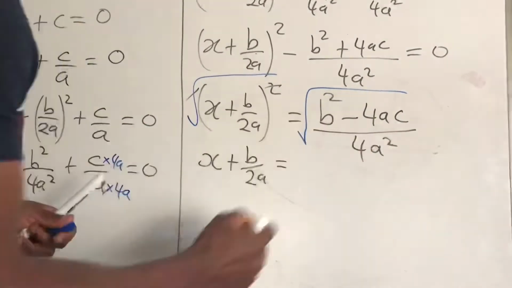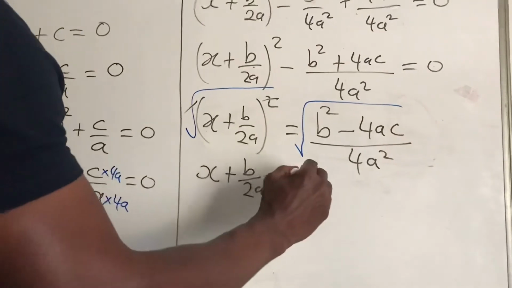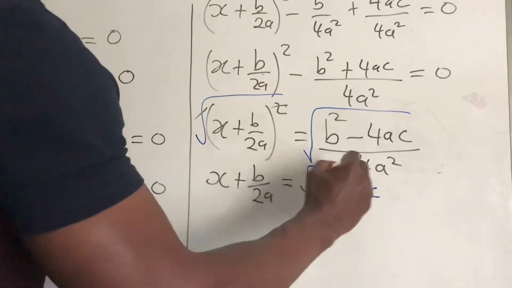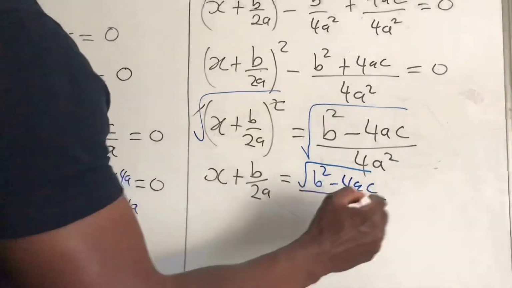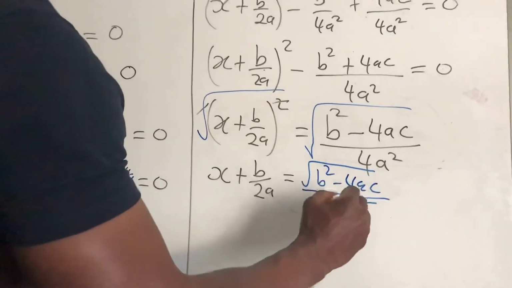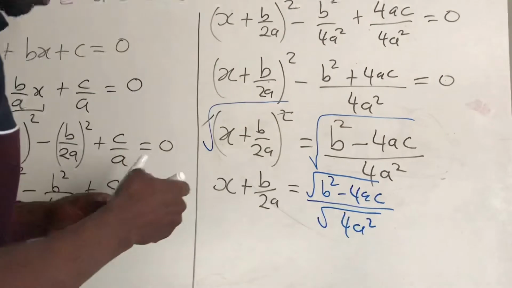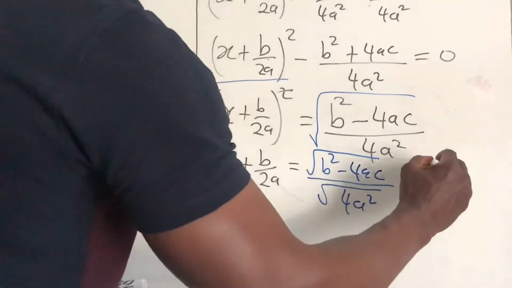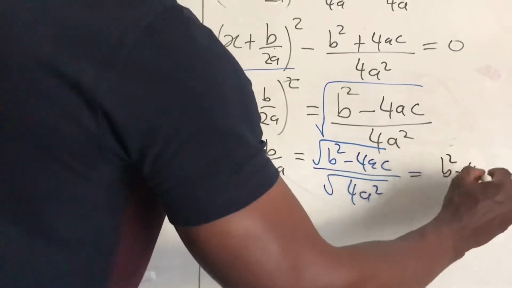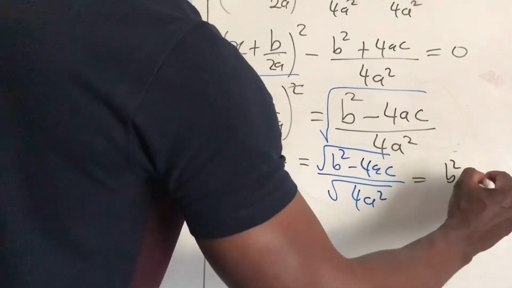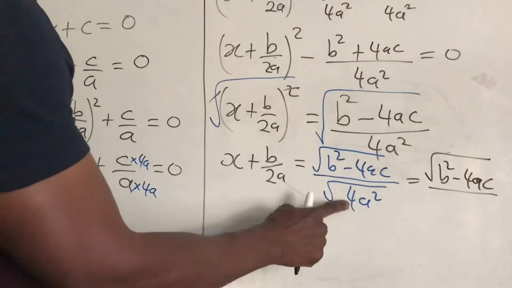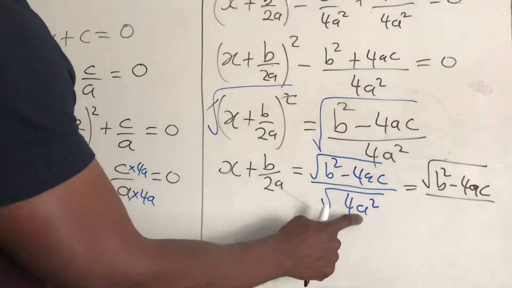We can take the square root of the numerator, which is b squared minus 4ac, and the denominator will also be the square root of 4a squared. Then this gives us the square root of b squared minus 4ac over the square root of 4, which is 2, and the square root of a squared, which is a, so we get a denominator of 2a.